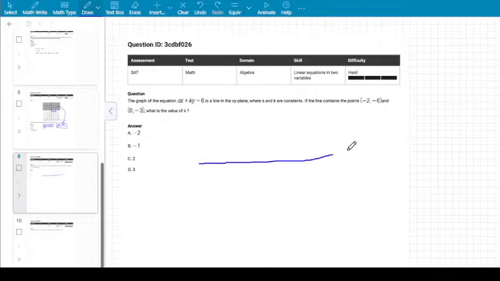So we have a line, and the equation of the line is ax plus ky is equal to 6.